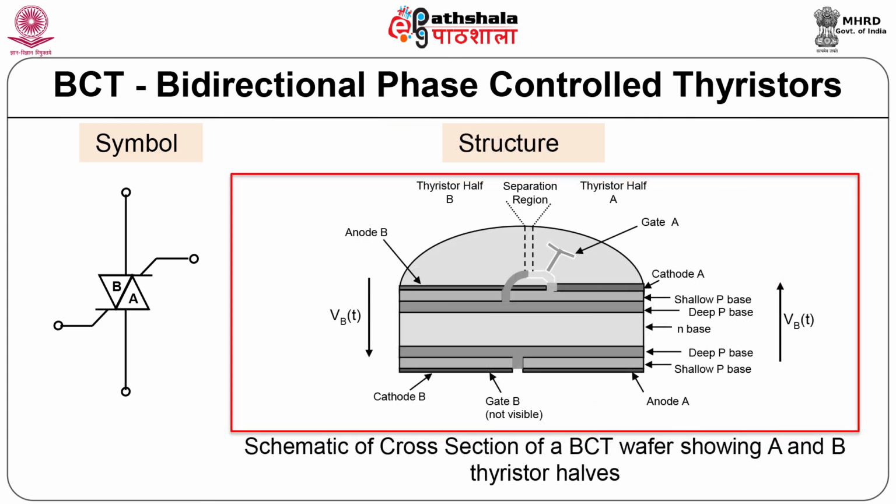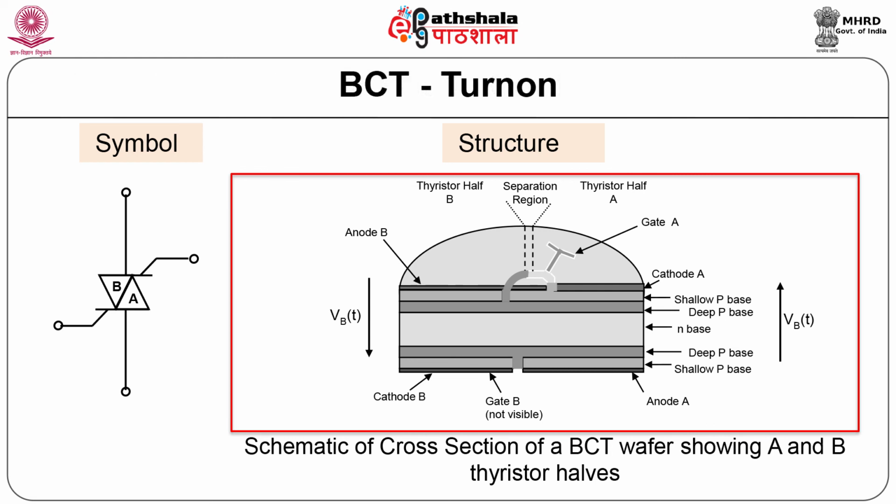That is, one to turn on A and the other to turn on B. Thyristor is turned on by applying the gate current to the corresponding thyristor. It is turned off if anode current falls below the holding current due to natural behavior of the voltage or current. It is similar to conventional thyristor.